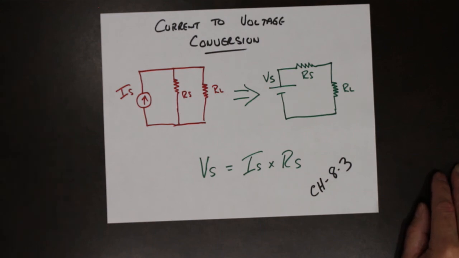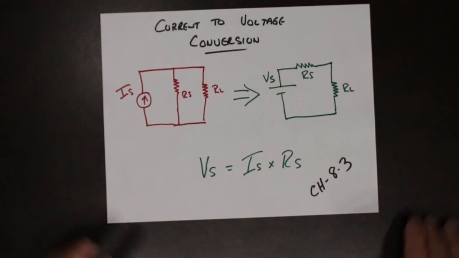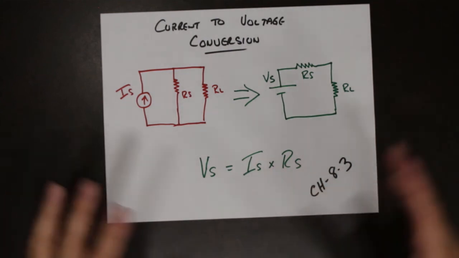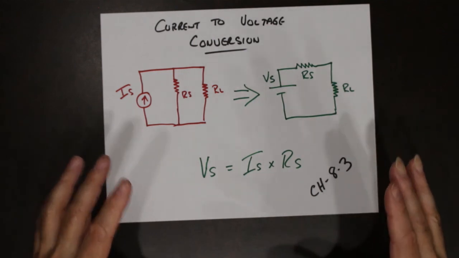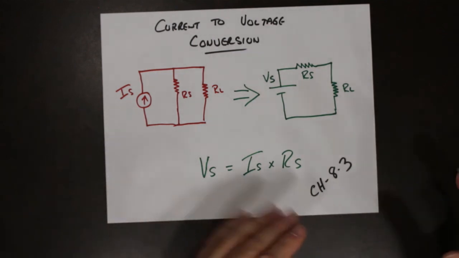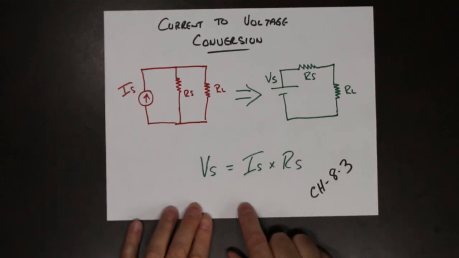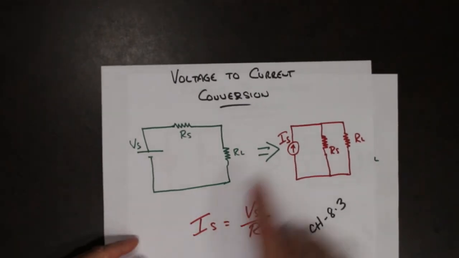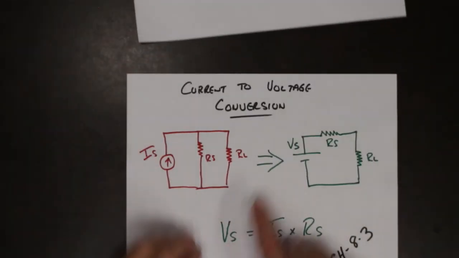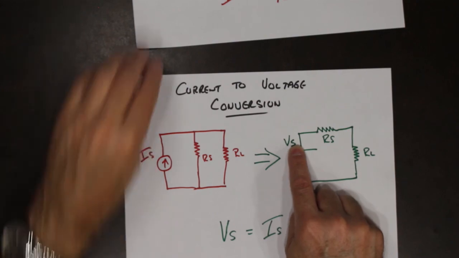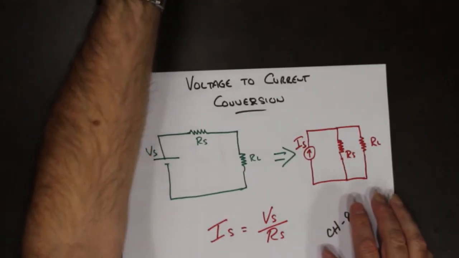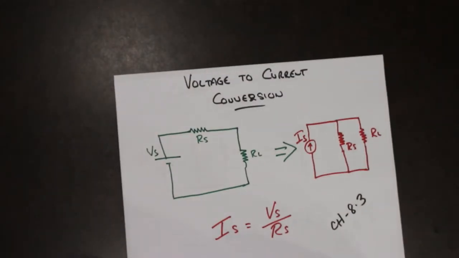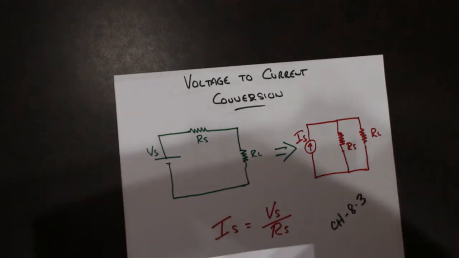Sometimes you want to represent a voltage supply as a current supply and vice versa, so you need to know how to go back and forth from one type of supply to the other. And here is the math. It's as simple as Ohm's law: calculating the new I, calculating the new V. So, ideal versus practical, voltage supplies versus current supplies.